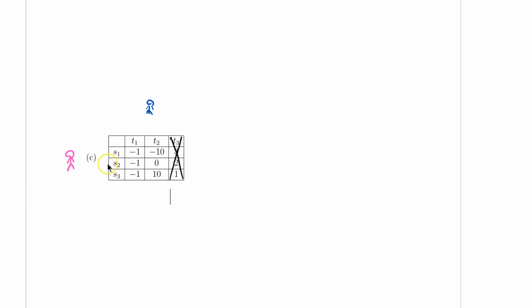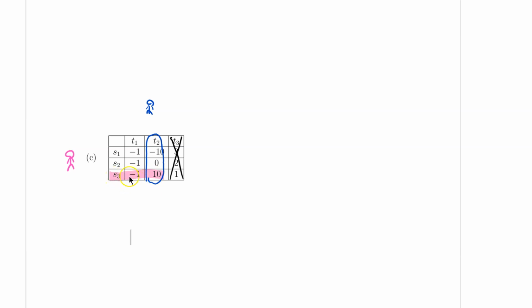She can see that the bottom row is going to be the best thing that she can do. If Bob chooses the first column, then she doesn't really care, because she's going to have to pay Bob $1 no matter what. And if Bob chooses T2, we can see that S3 is the better option.